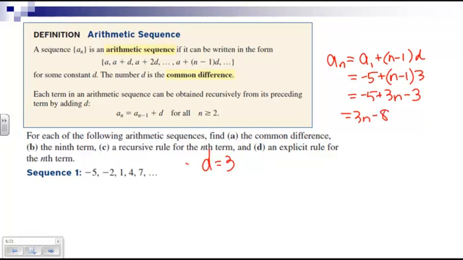So, to answer the second question, what is a sub 9? 3 times 9 minus 8. My brain's not working very well today. 19. 19 sounds good.